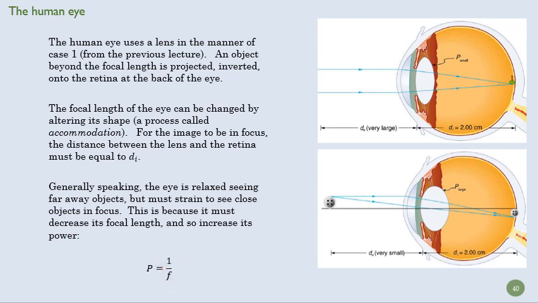So if we want to see an object here, we want to keep that object outside of our focal length, and so our focal length gets shorter and shorter. So that's how an eye works. It's basically the same thing we've been talking about with lenses. It's just that the lens is able to change shape to accommodate objects at different distances.